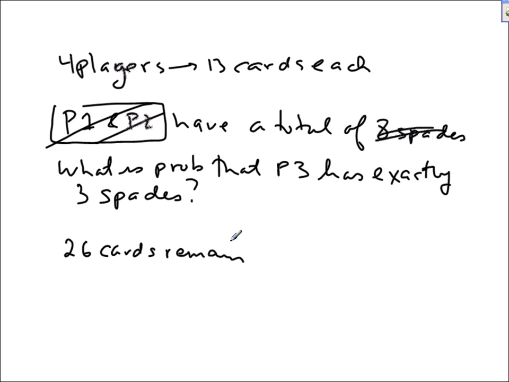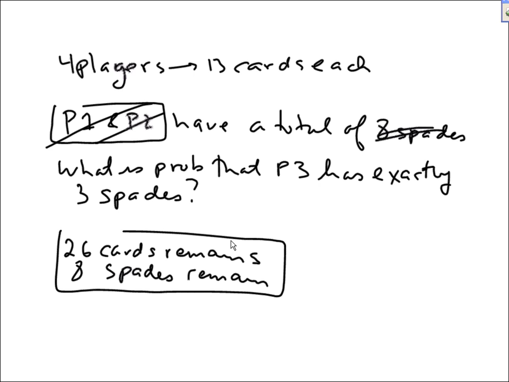There are 13 spades in a deck: the ace of spades, the 2 of spades, the 3 of spades, all the way to the king of spades. 26 cards remain. 8 spades remain.